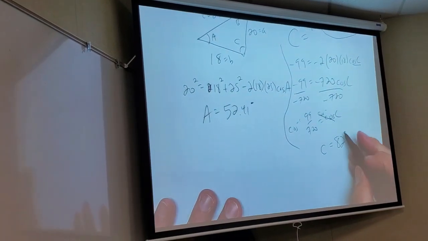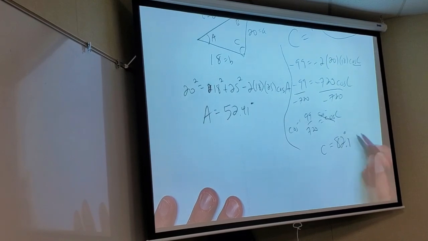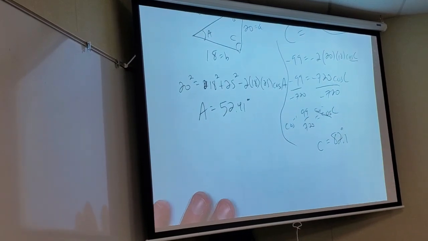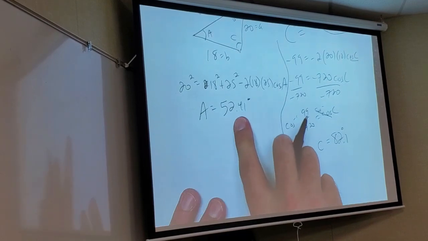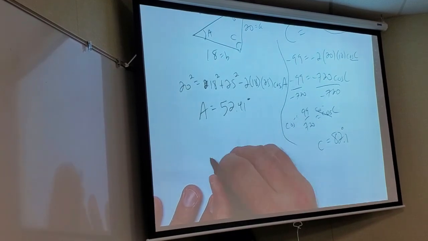This is really 82.1. Be a little more precise, right? So 82.1 degrees for C, 52.41 degrees for A. So then what's B?